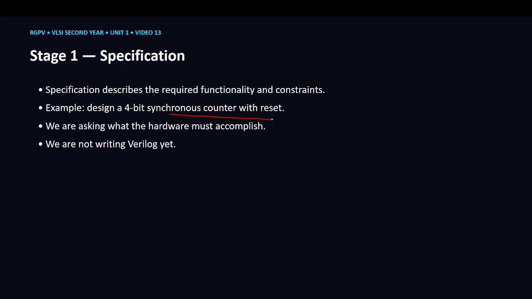That sentence is specification. It tells us the hardware functionality. It does not tell us the Verilog syntax. It does not tell us the exact gates. It tells us what is required. So remember, specification answers the question, what should the hardware do?